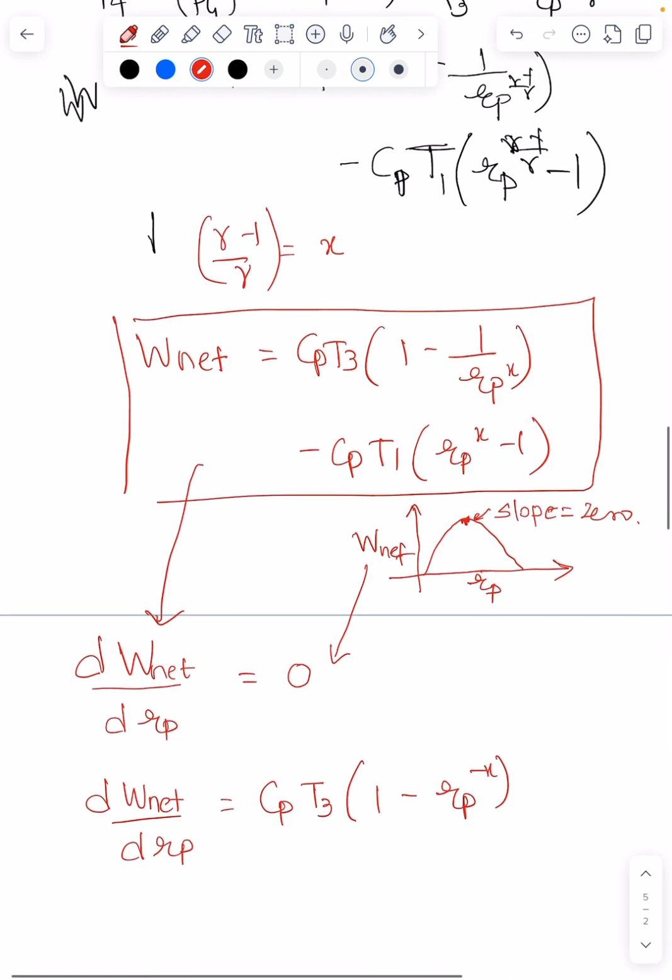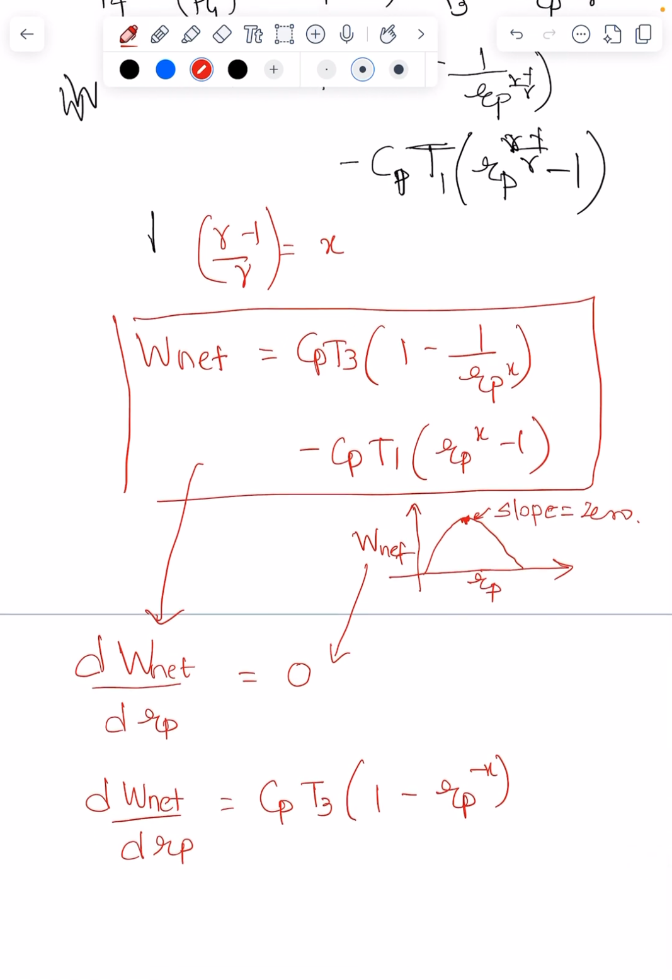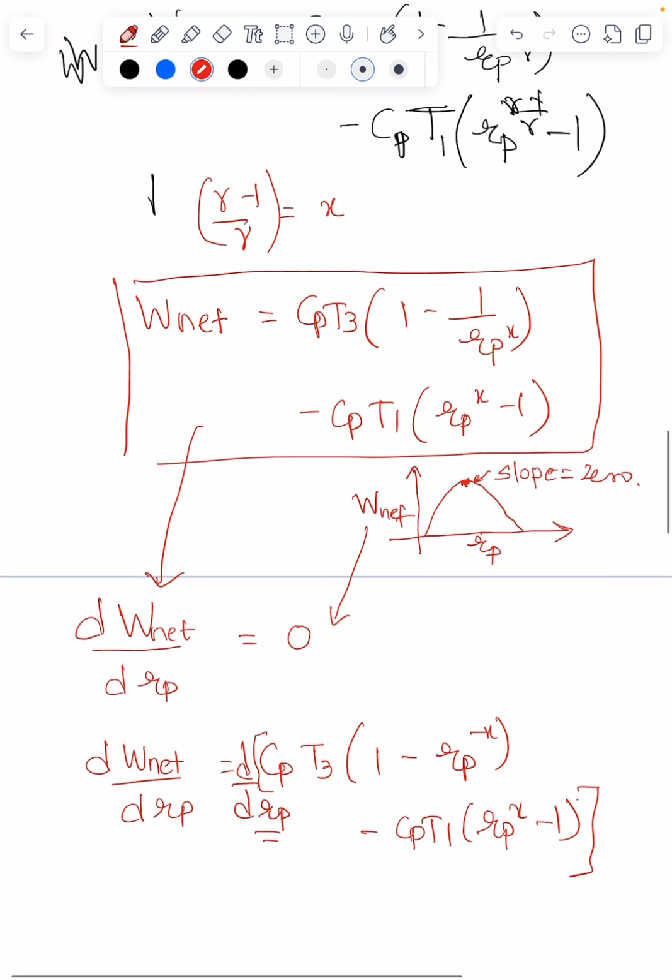So I need to differentiate this d by dRp of Cp T3 into 1 minus Rp raised to x, which I have written as Rp raised to minus x, minus Cp T1 Rp raised to x minus 1. I am going to differentiate this with respect to Rp.